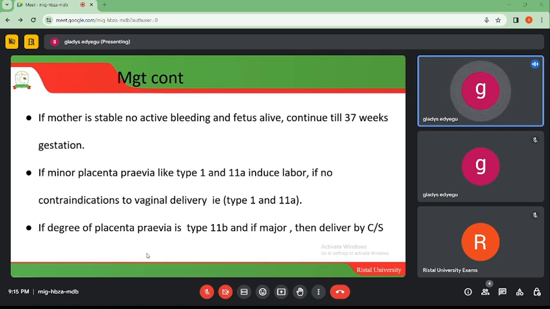So if it is minor placenta previa like type 1 and 2A, induce labor, but if it is type 2B, then you should not induce labor, because it can cause more problems and damage to the baby, and can make the mother bleed profusely and cause us problems whereby we may not be able to handle this mother.